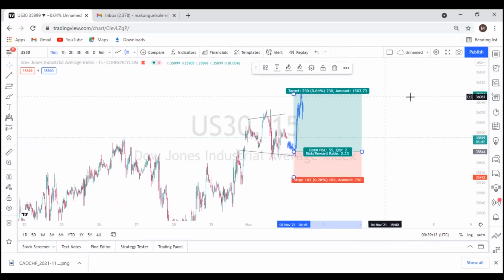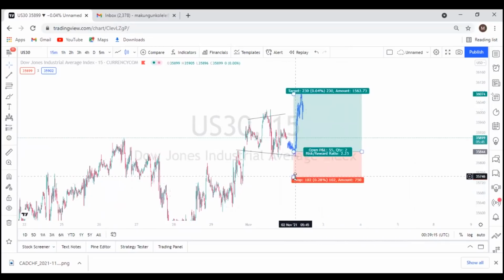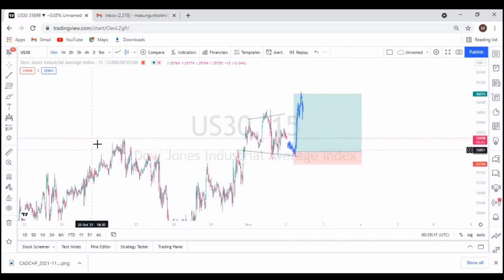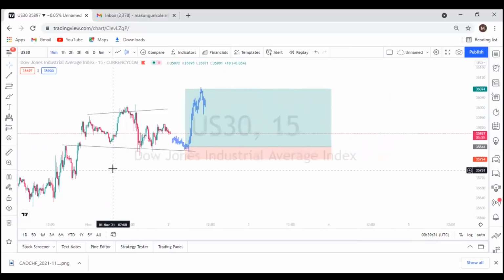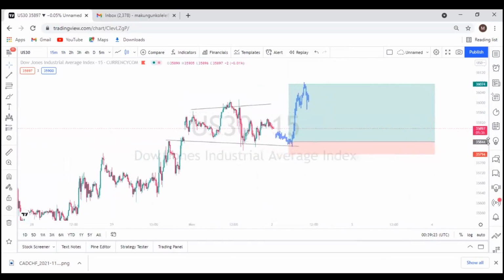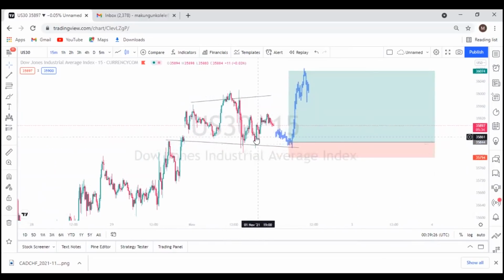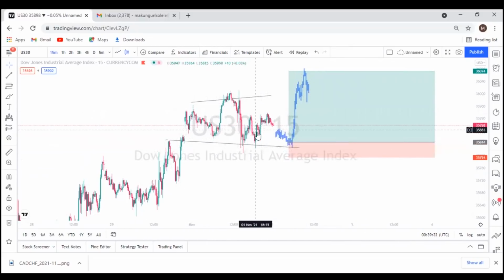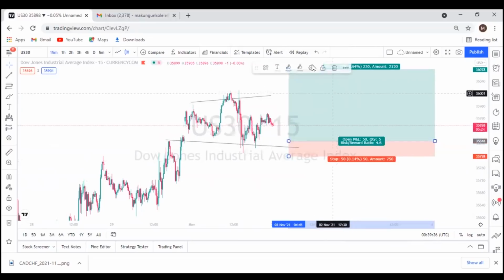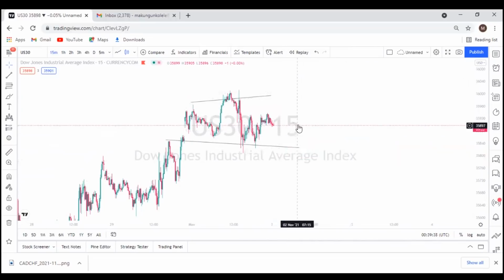We are gonna have a take profit right here, and that is US30 in favor of a buy because of those certain conditions of the market going up.